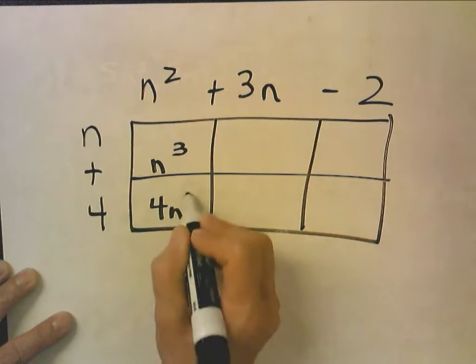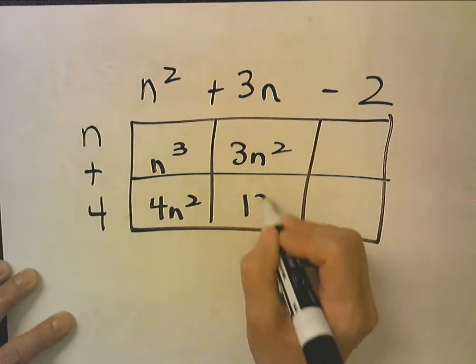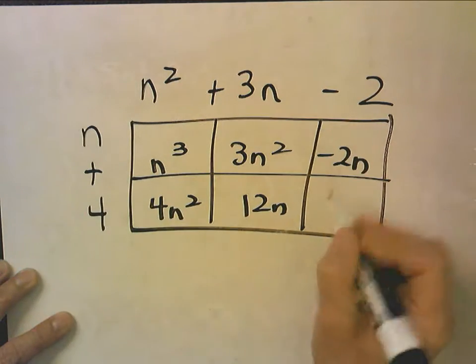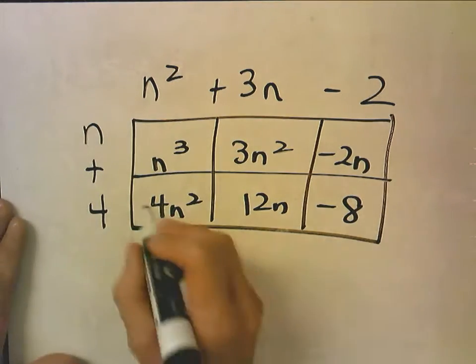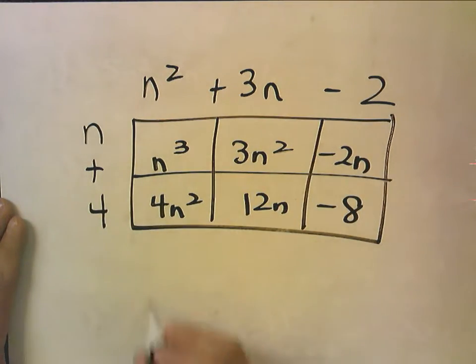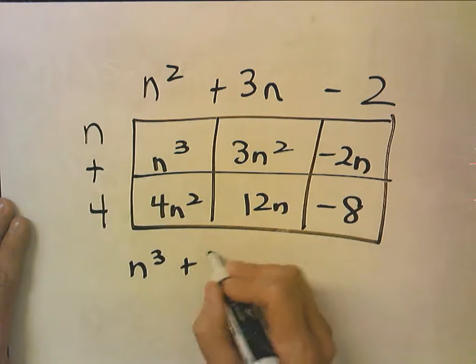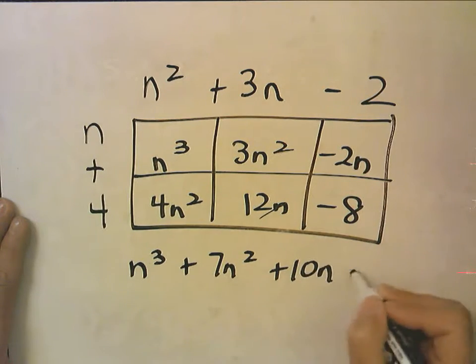This is 4n squared. This is 3n squared. This is 12n. n times negative 2 is negative 2n, and this becomes negative 8. Very similar to the Punnett square. Now notice the diagonals are like terms. So my answer is going to be n cubed plus 7n squared plus 10n minus 8.